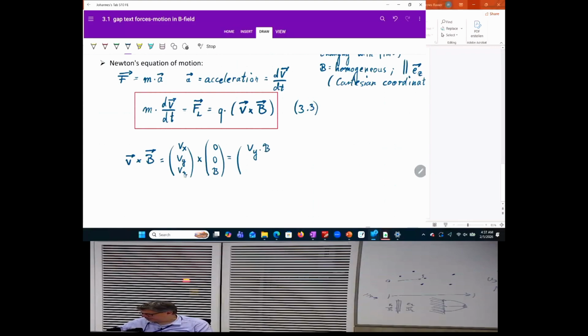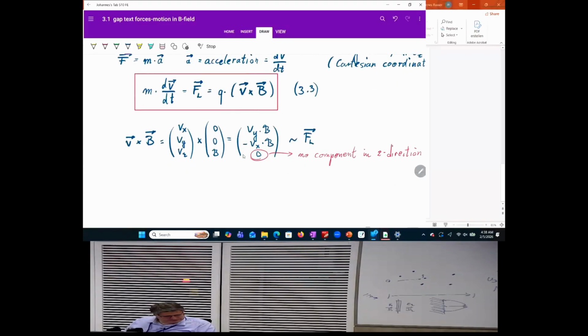The second component would be vz times 0, nothing contributing, but here there's minus vx times b, and the last component, you see, is all 0. So you get force contributions, this is proportional to the Lorentz force, and you see there are contributions in x and y direction, but there is no component in z direction.